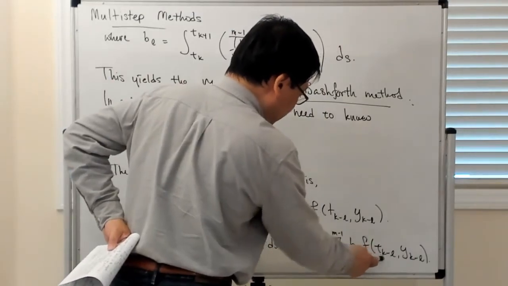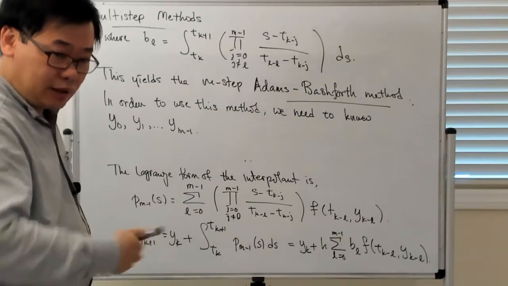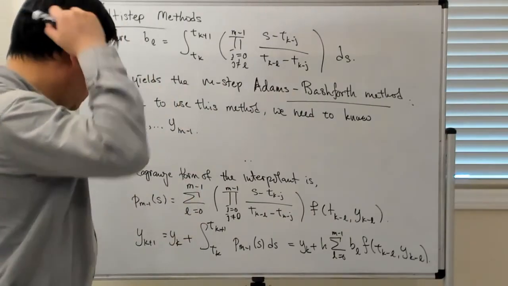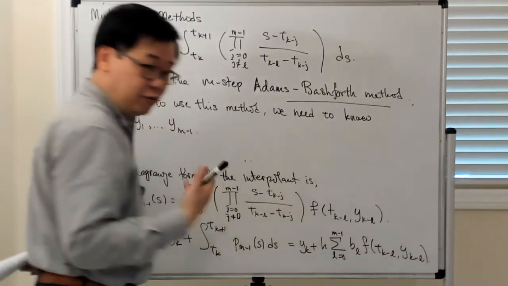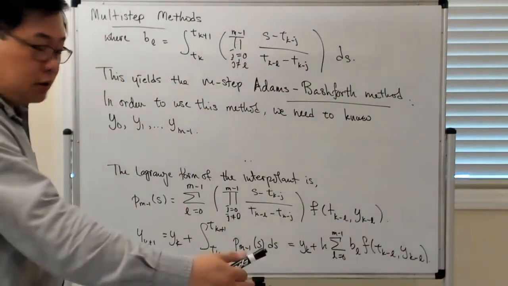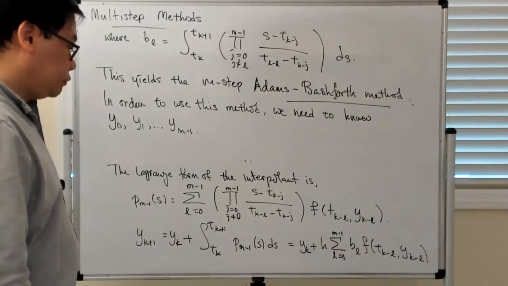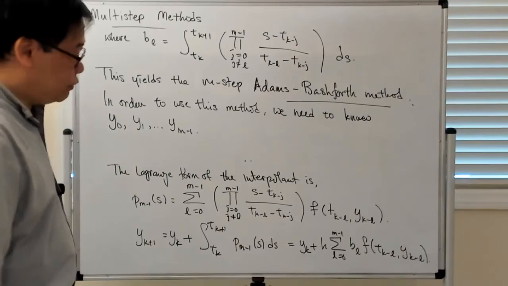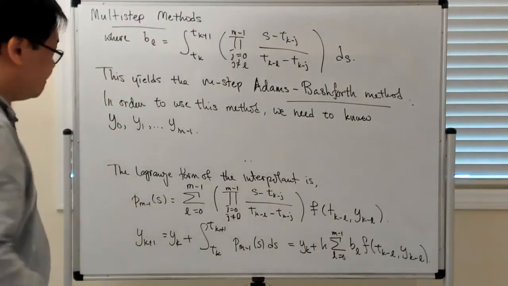But the thing to realize is that you've already computed most of those function evaluations. So the additional cost is, in this case, just one additional function evaluation per step. Whereas if you try to do this with a Runge-Kutta method instead, you would require many more function evaluations to get the same order of accuracy.